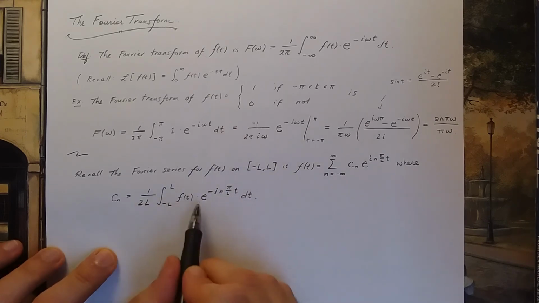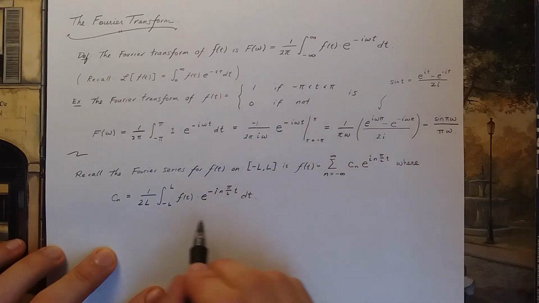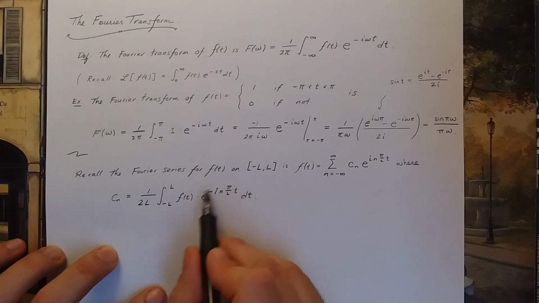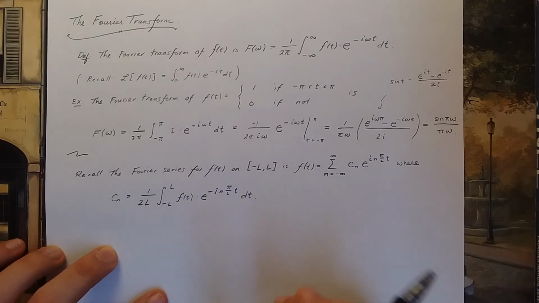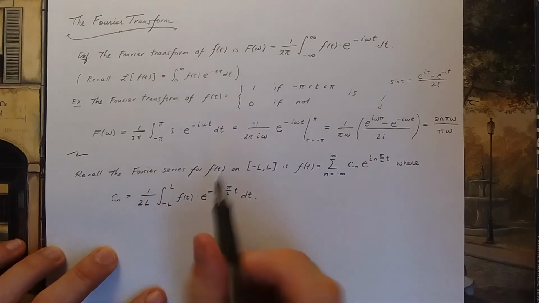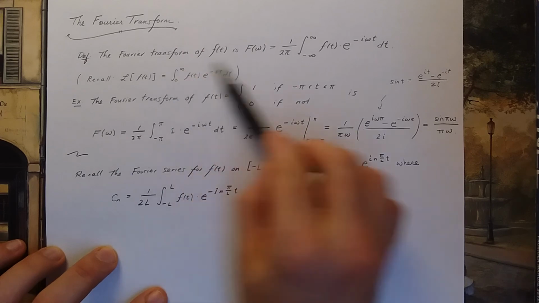This was found by taking inner products and using the orthogonality of the sine and cosine functions, which of course are the real and imaginary components of this exponential function. This is motivation for the definition of the Fourier transform.